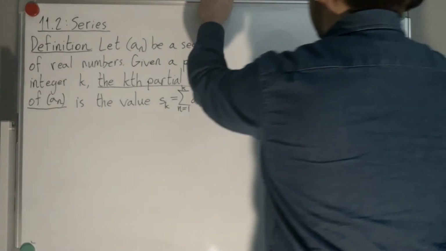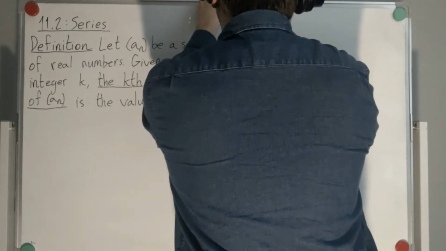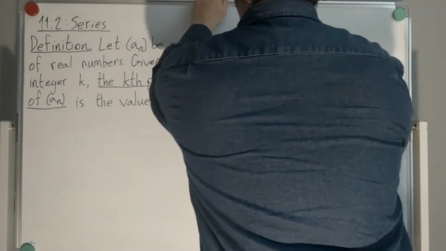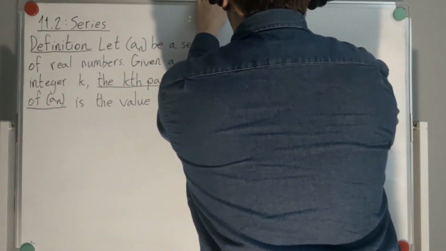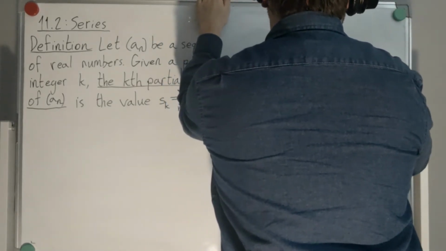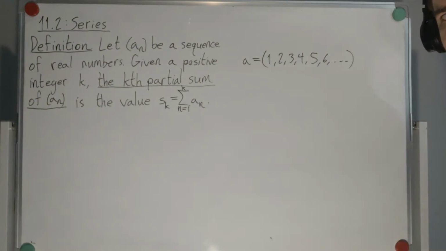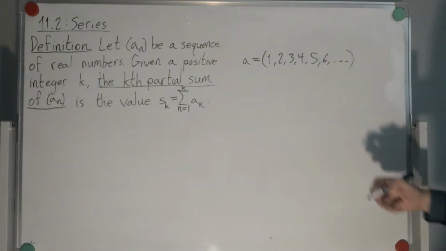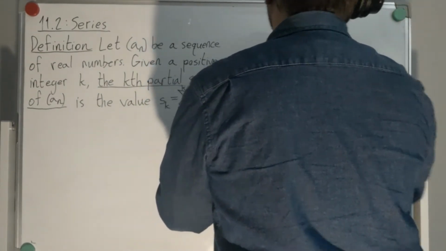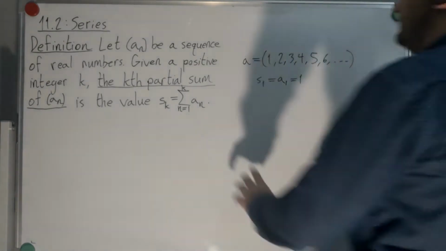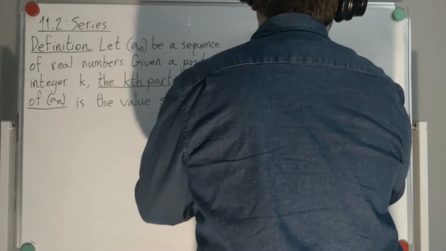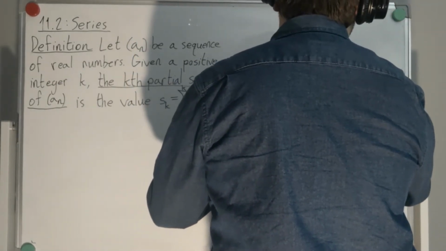So for example, if I give you a sequence that looks like, let's say a is the sequence 1, 2, 3, 4, 5, 6, and so on, we can talk about partial sums of this. The first partial sum is just a1, which is just 1. The second partial sum is a1 plus a2, which is 1 plus 2, and that's 3.